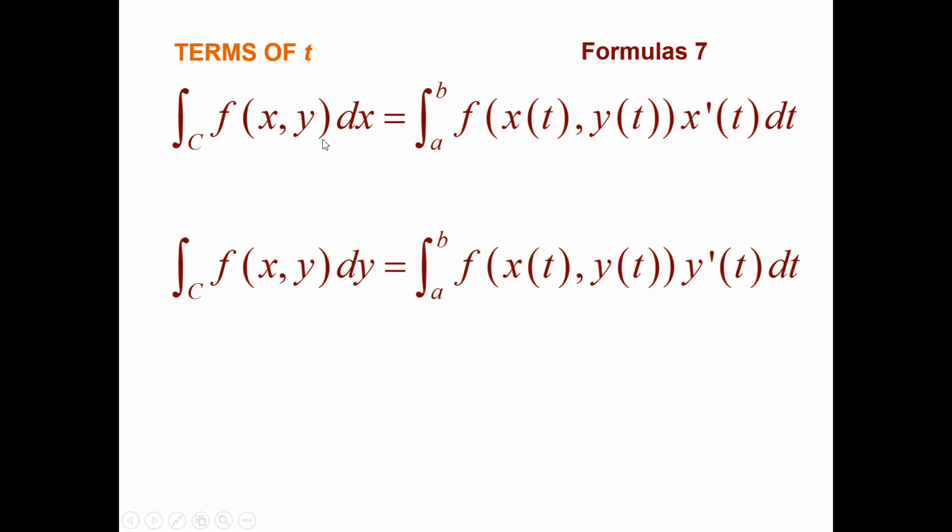This way the line integral with respect to x can be written as the integral from a to b, where t lies between a and b, of f(x(t), y(t)) x'(t) dt. Dx is replaced by x'(t) dt. And the line integral of f(x, y) with respect to y can be written as the integral from a to b of f(x(t), y(t)) y'(t) dt. So dy is replaced by y'(t) dt.